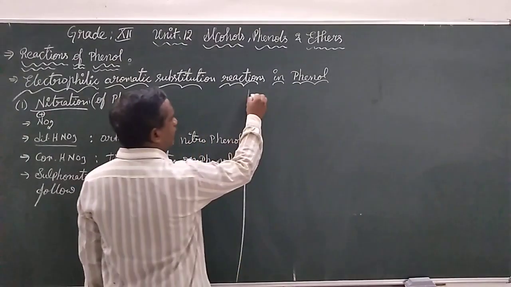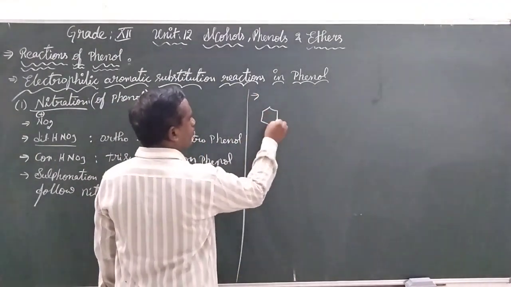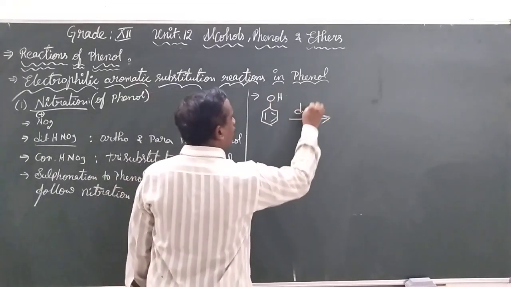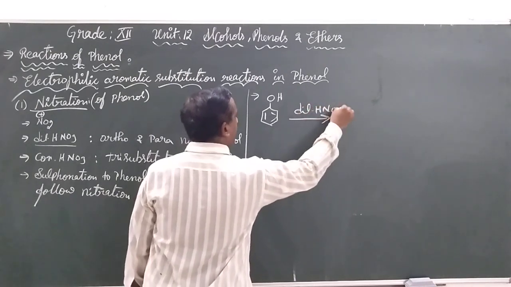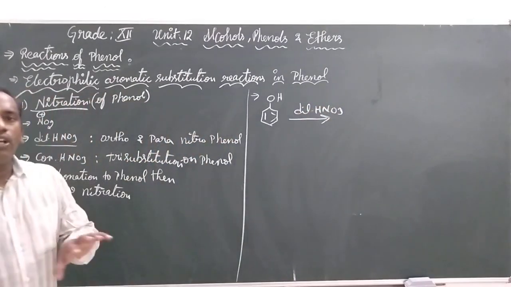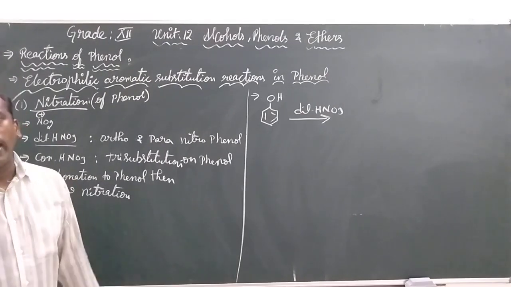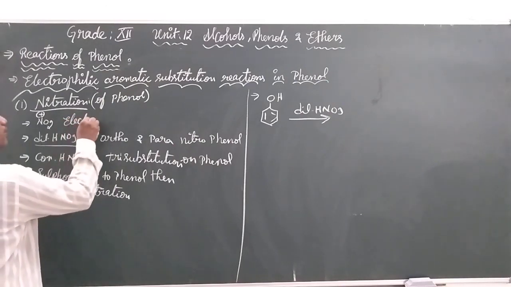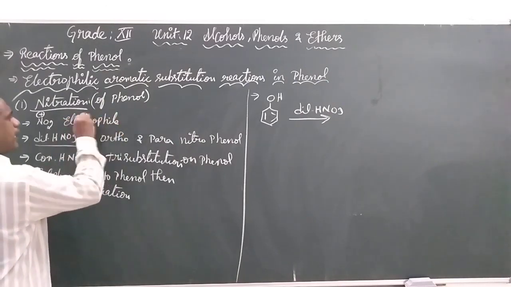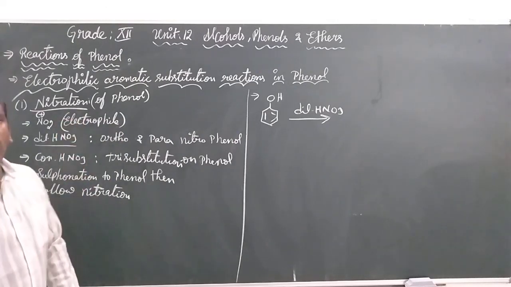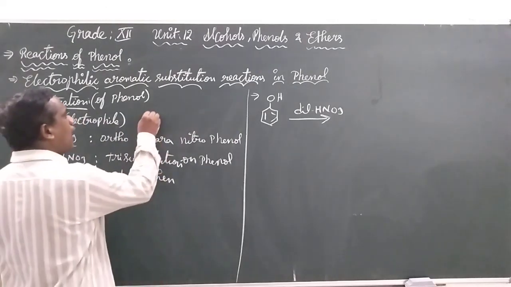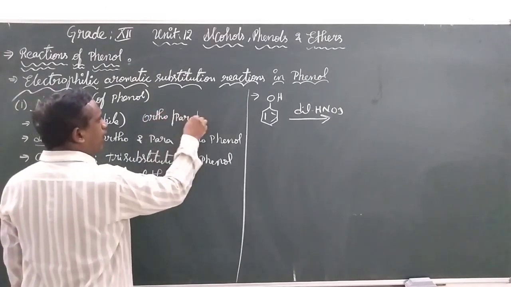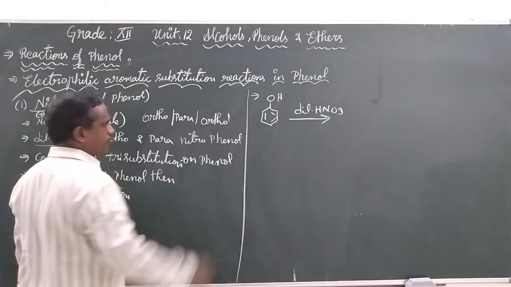So first let us take the phenol, and once you react the phenol with dilute nitric acid, that will generate the nitronium ion. The nitronium ion, being an electrophile, will be readily involved in substitution reaction at ortho, para, or ortho dash.